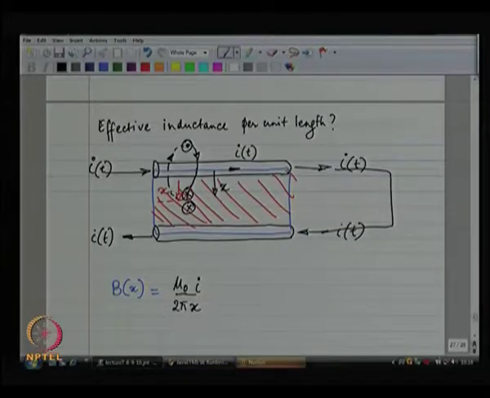Now, this is not telling me anything about the return current. Return current we are going to do later. So, I am going to assume that the return current is going to add some more magnetic field to the original, right. So, if this is x and let us say this is y, then the return current is going to create another portion.